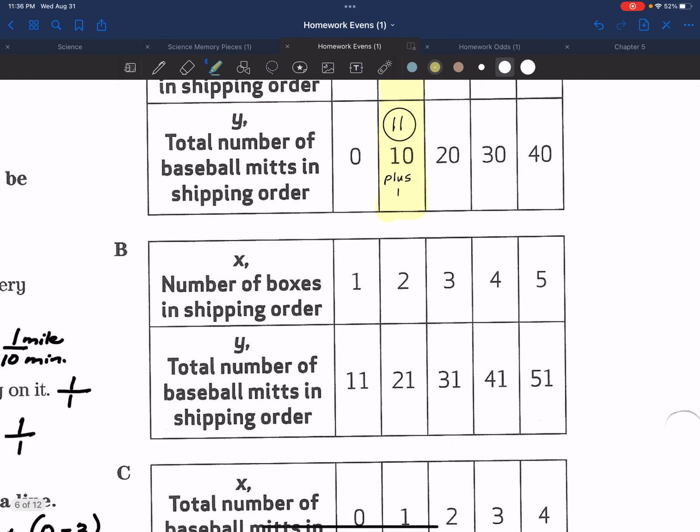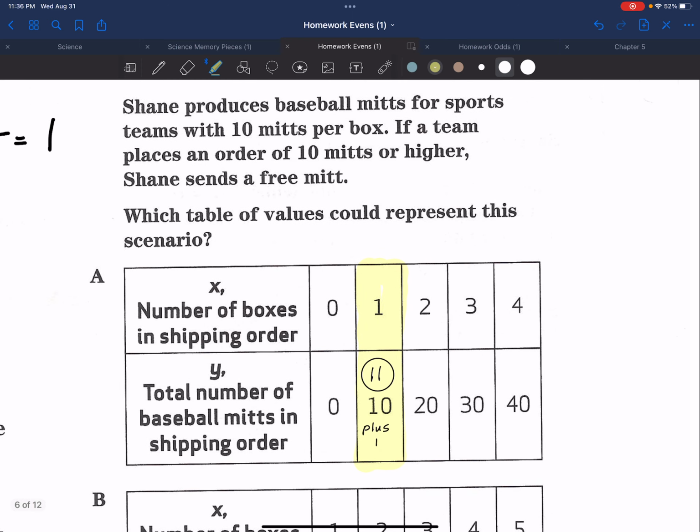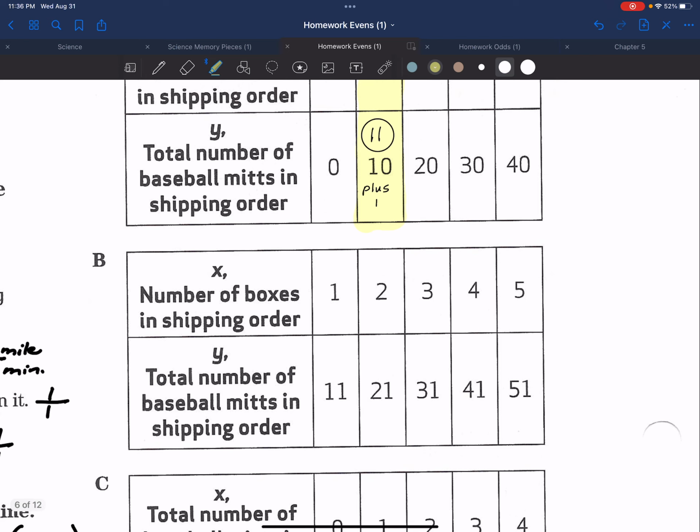Okay, this is looking promising. 1 box, 11 mitts. 2 boxes. Okay, now let's review. It says, if a team places an order of 10 mitts or higher, Shane sends a free mitt. That's not a free mitt with every box.